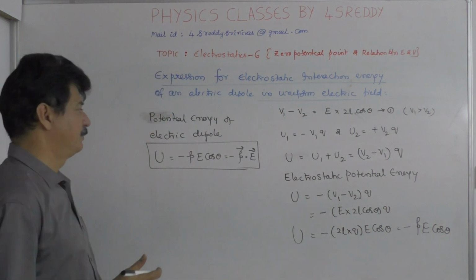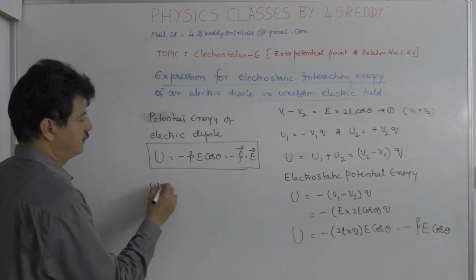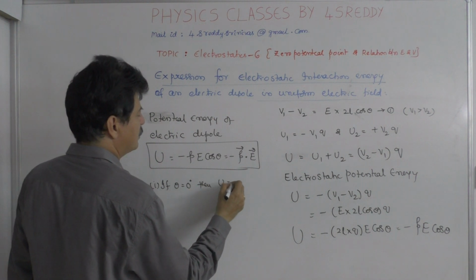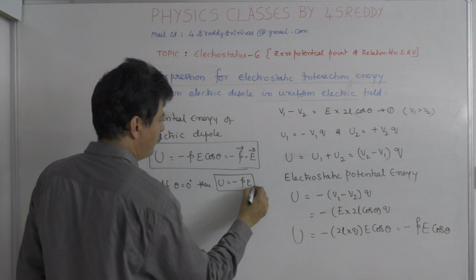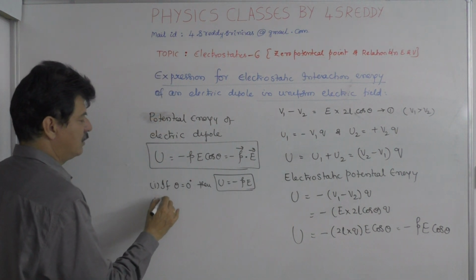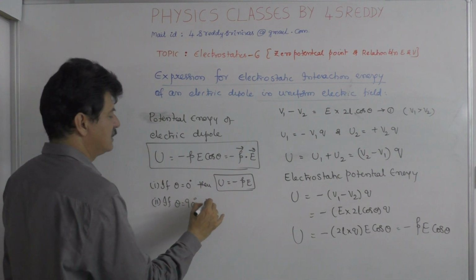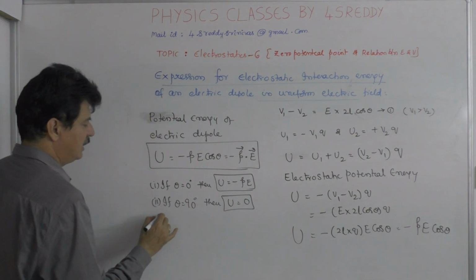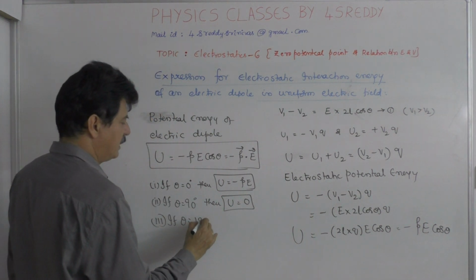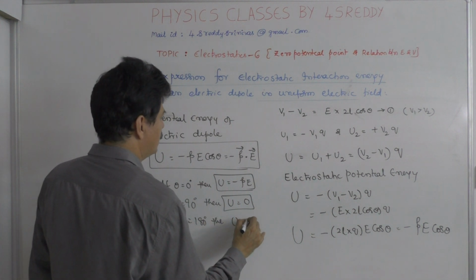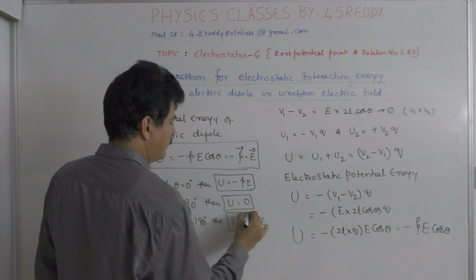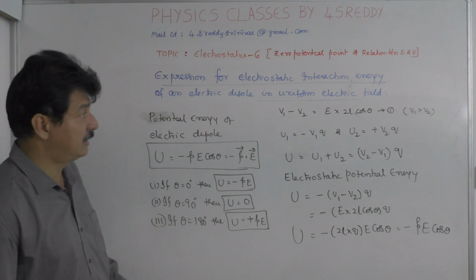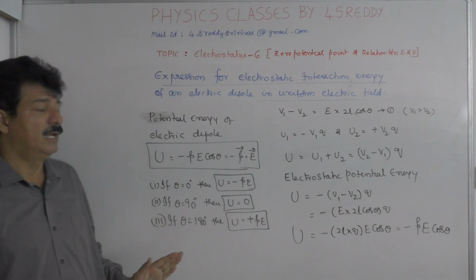This is the point here. Therefore, if theta is equal to 0 degrees, then U is equal to minus PE. If theta is equal to 90 degrees, then U is equal to 0. And if theta is equal to 180 degrees, then U is equal to plus PE. This is the electrostatic interaction energy of an electric dipole in a uniform electric field.